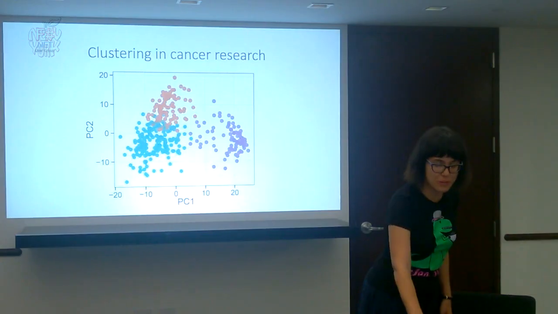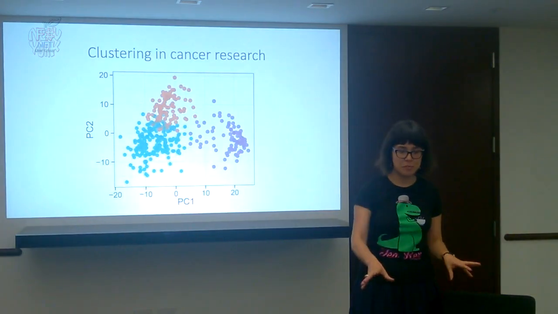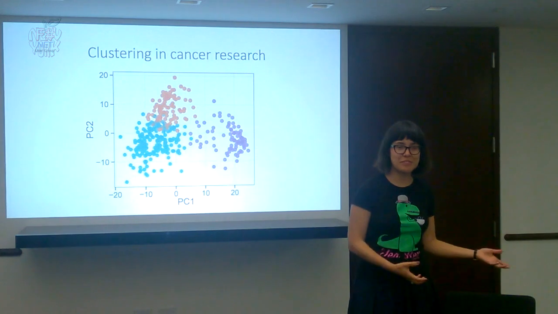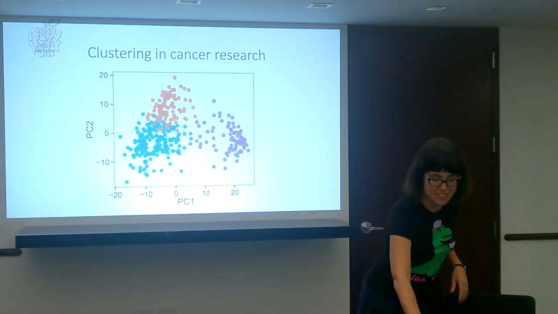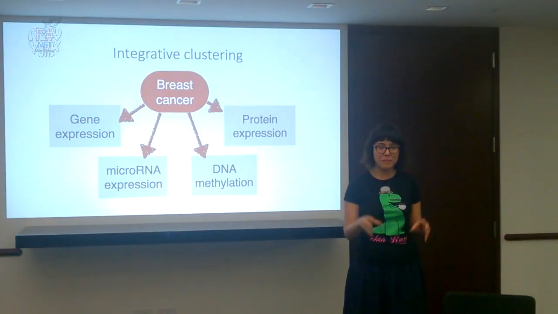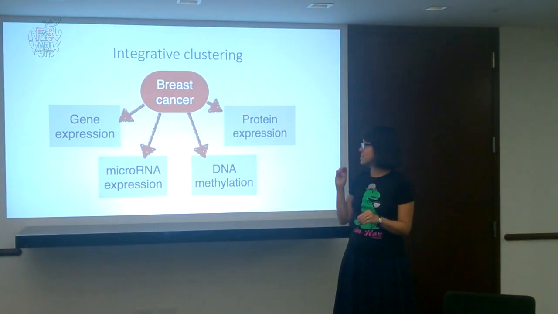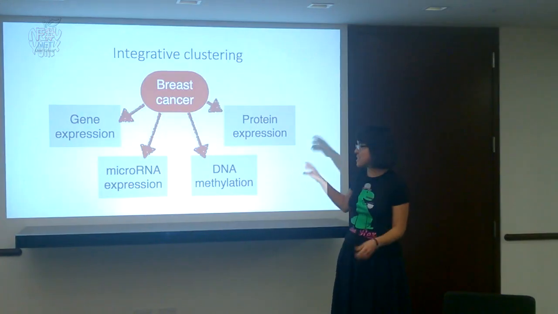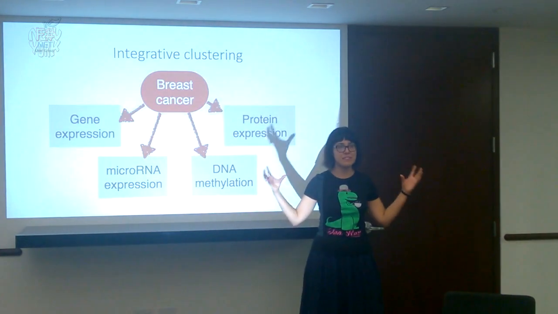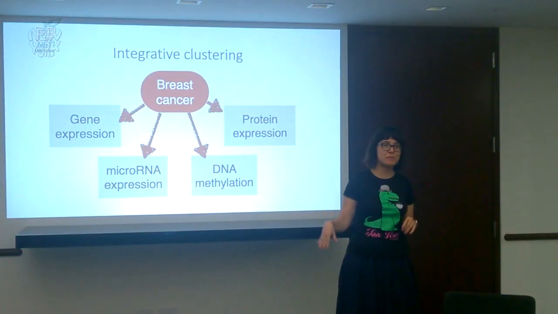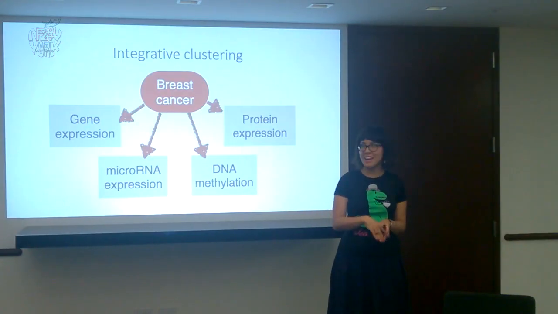So once we basically create these subgroups of patients, what can we do later? How can we find out how they are different? Actually, what I was doing in my PhD was designing algorithms to cluster multiple different data sets in a unified setting, because the plot I was showing before was only using gene expression data.